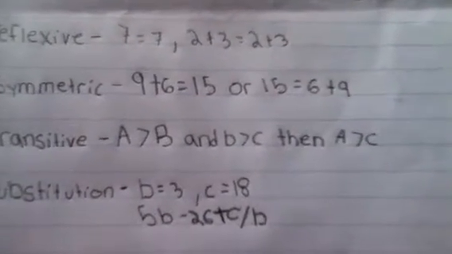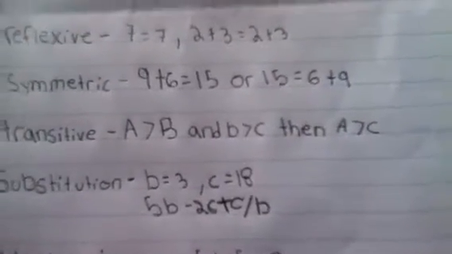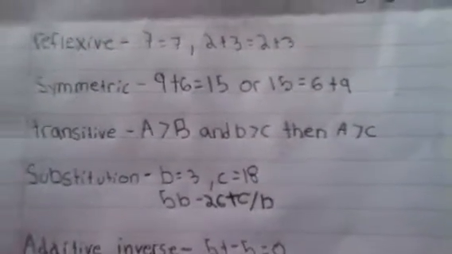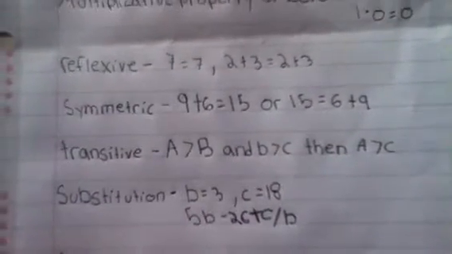And then we have plus C, which would be plus 18, but since here we have over B, it would be 18 over 3, okay?